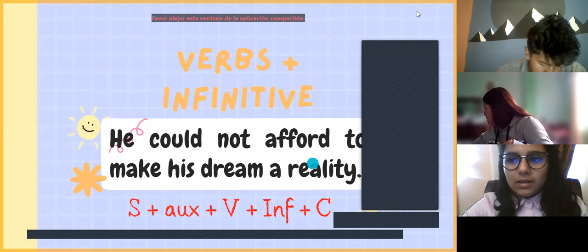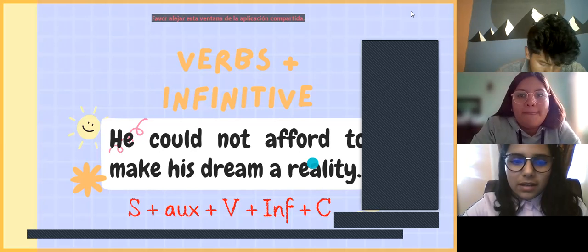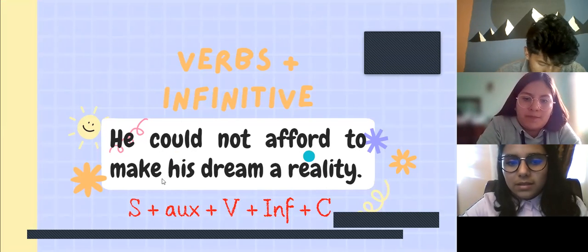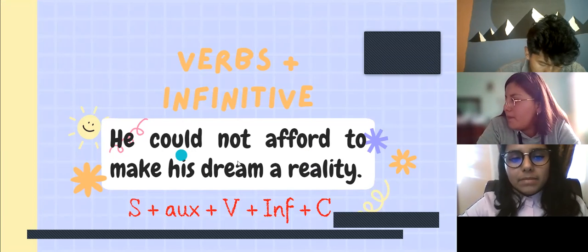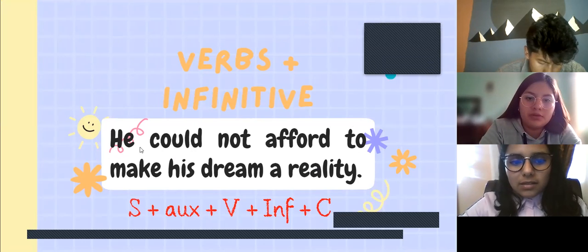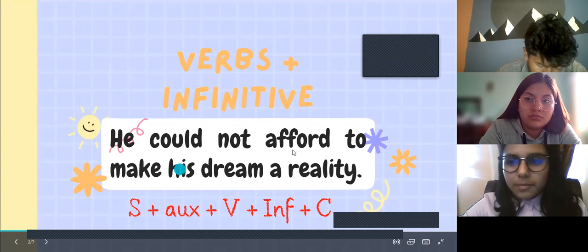Okay, well, maybe you can follow this example, like here: he could not afford to make his dream a reality. As I explained, first we have the subject, then we have the first verb, and then we have the verb with infinitive. So maybe you have an example, Brian?